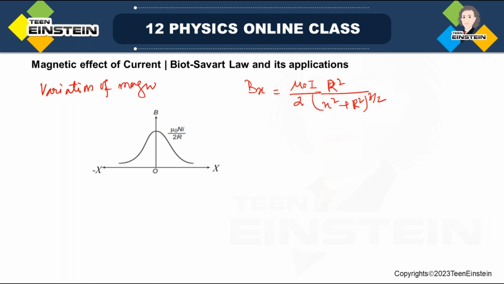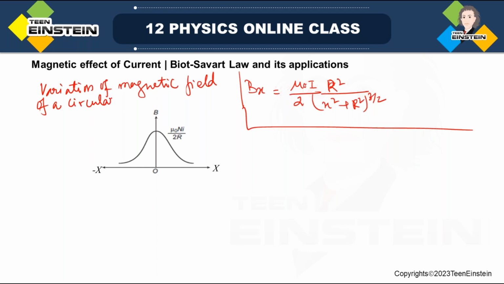And the variation of the magnetic field of a circular coil with distance from the center.